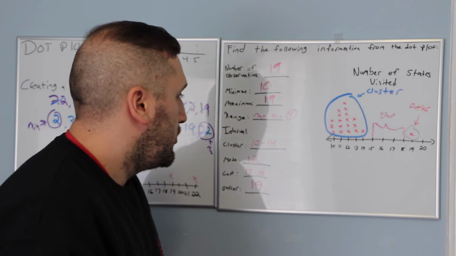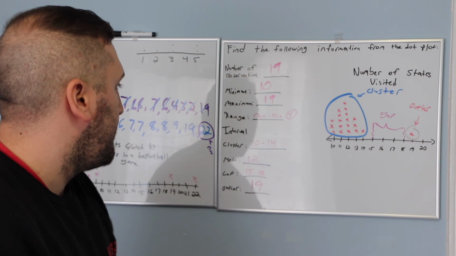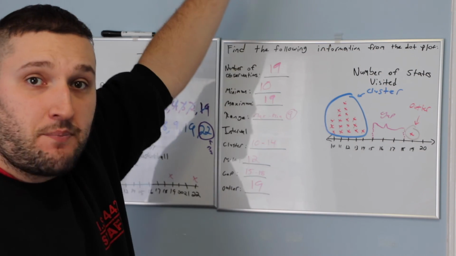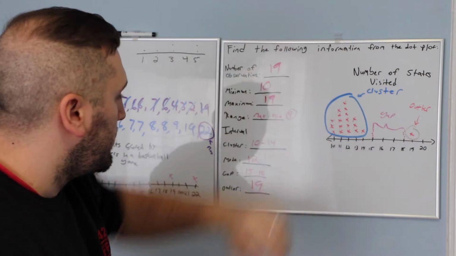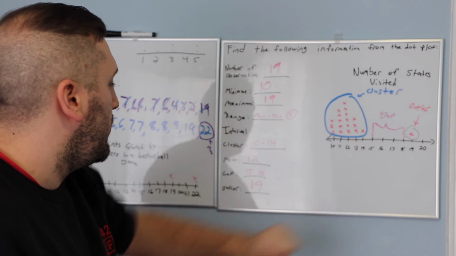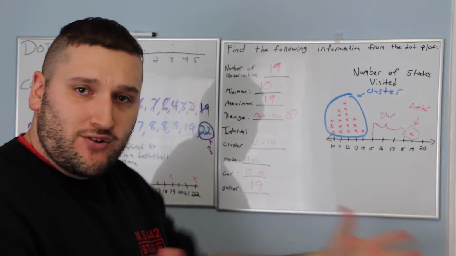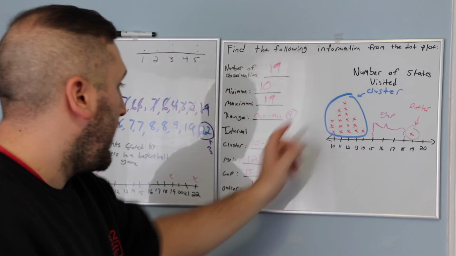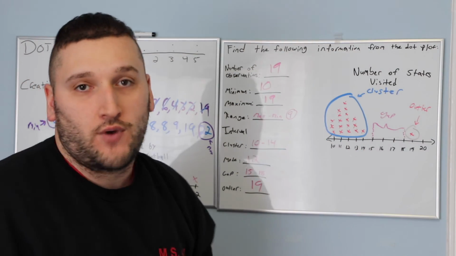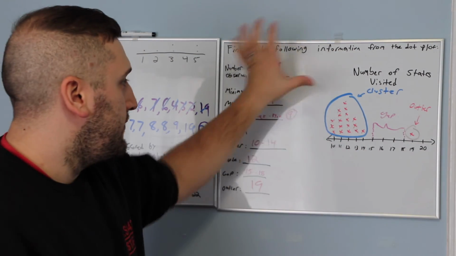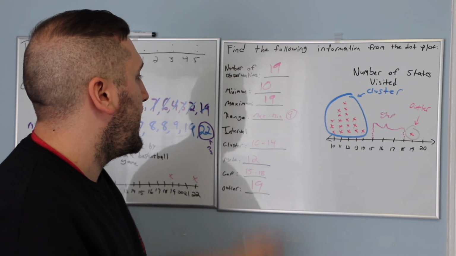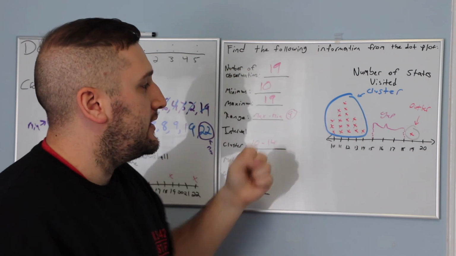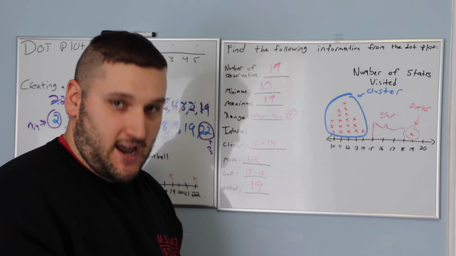Your cluster, where do we see a whole bunch of data happening? Your mode, where is it happening the most? What is the highest amount of data? What number? Your gap, where is there nothing happening? And then your outlier, which guy is way away from the rest of us. And that's kind of what we use dot plots for, and all the information we're able to easily pull from dot plots.